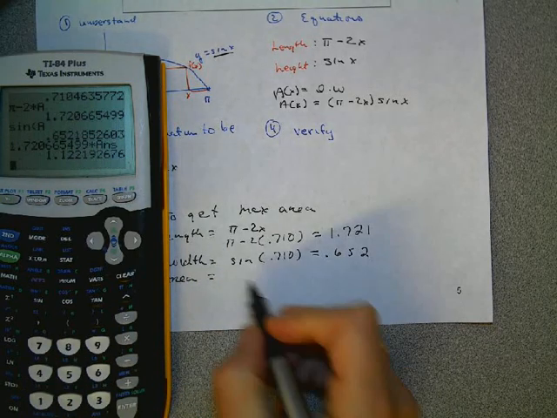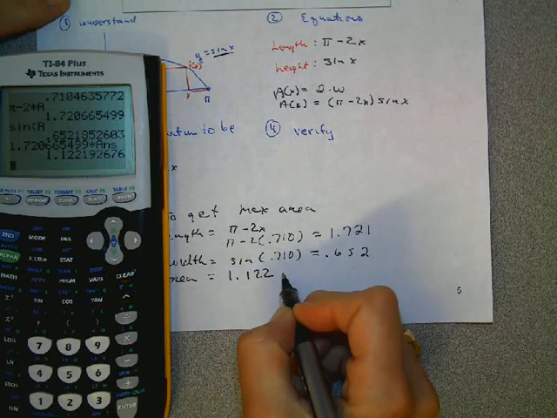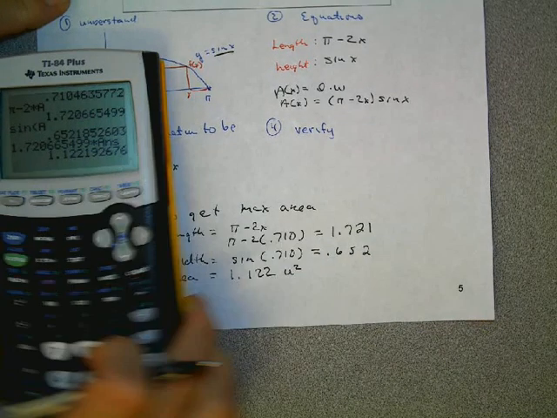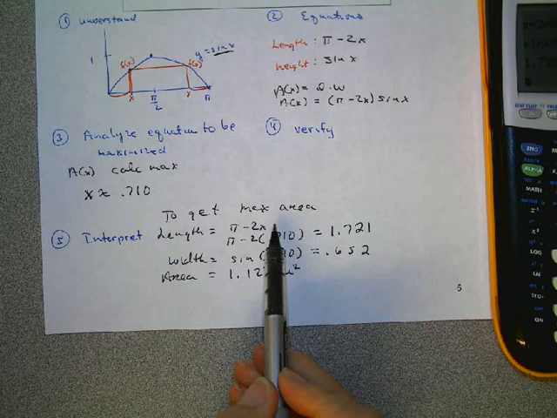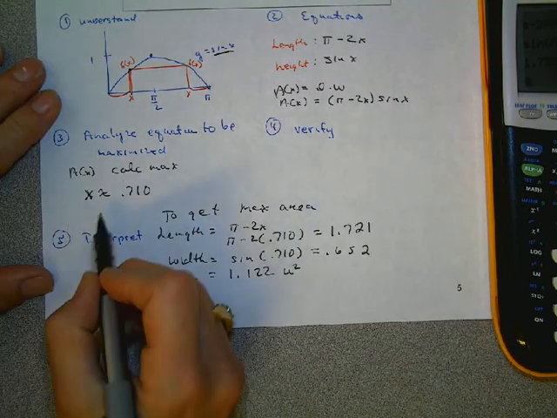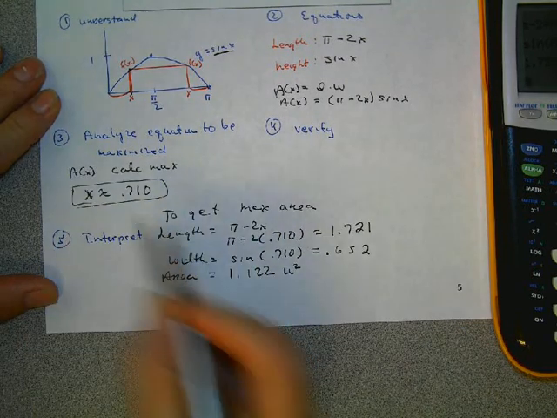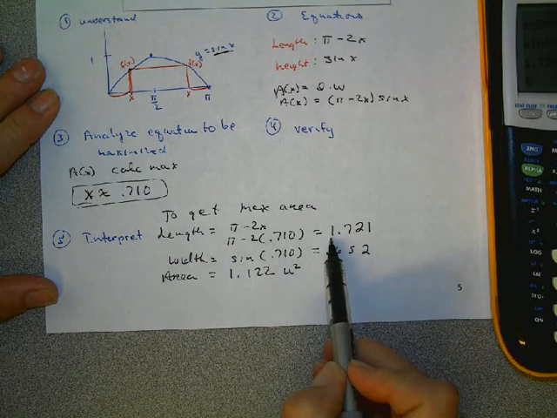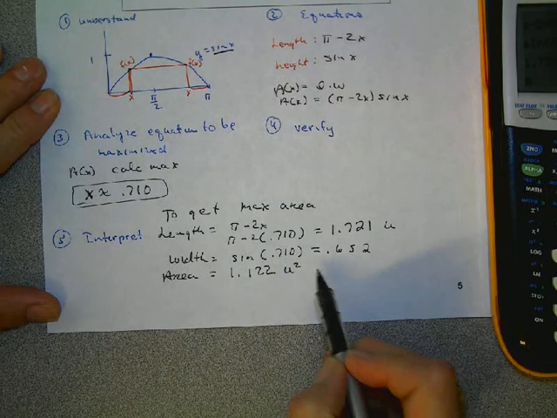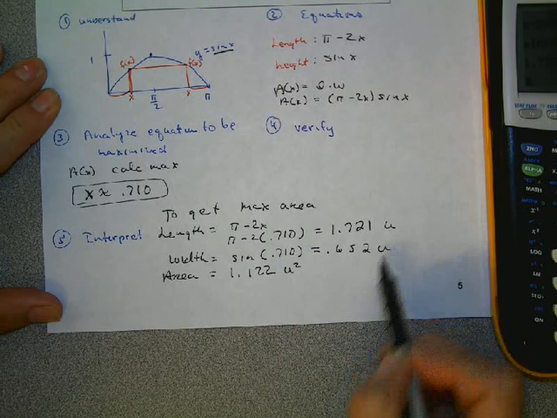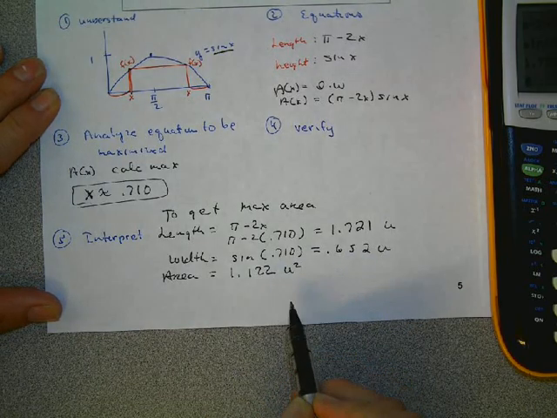And my area is 1.122 square units. So maximum area will happen when x is approximately 0.710, the length is 1.721 units, the width is 0.652 units, and the area is 1.122 units squared.